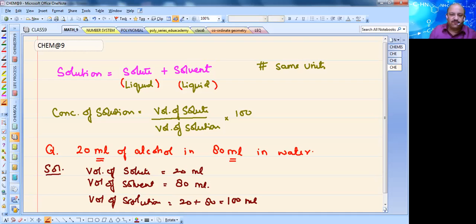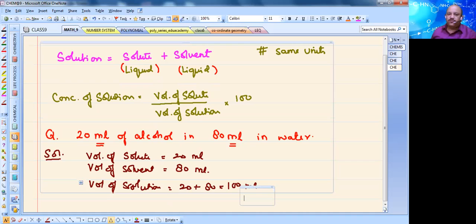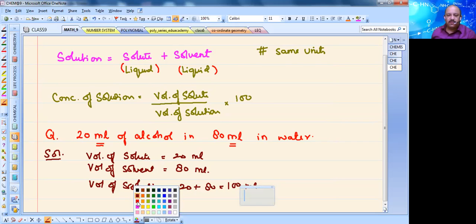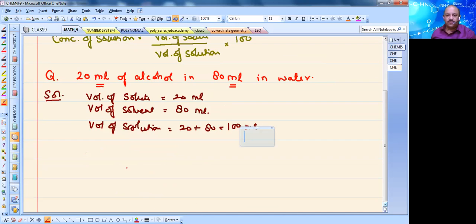So in this question, what we have seen is that the volume of solvent is 80, that is water, and the volume of solute is 20. And what we have to find? We have to find the concentration of solution. So write the formula: concentration of solution equals, what is the volume of solute? 20.